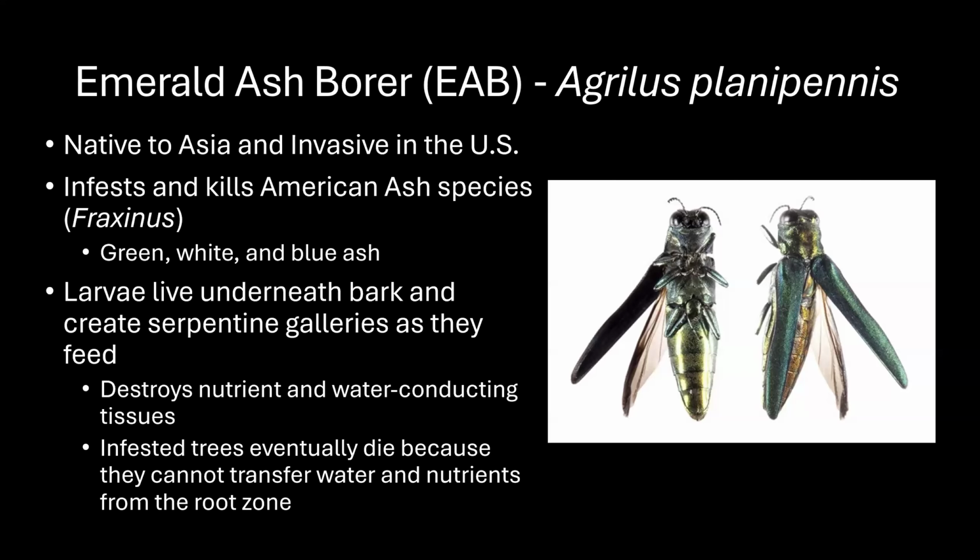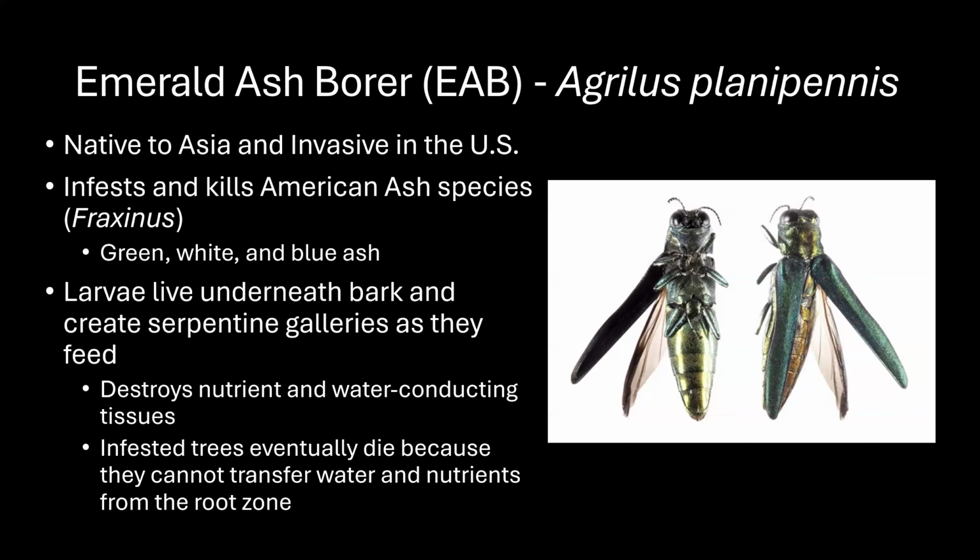Blue ash itself, Fraxinus quadrangulata, resistant and tolerant are not really good words for this, but they tend to handle the insect a little bit better in that they generally will live longer after infestation. It's maybe not even the preferred ash species, if you will. And so you may have blue ash that can survive for a longer period of time than green and white ash.